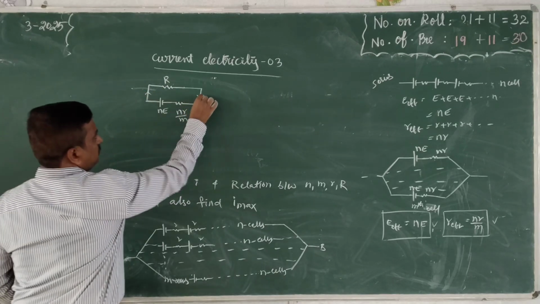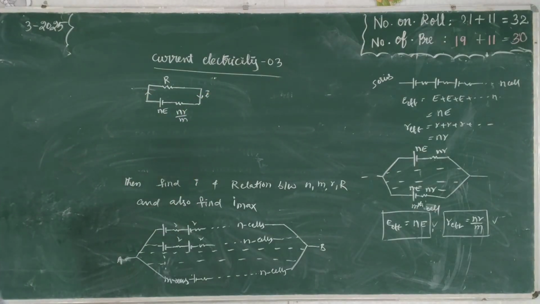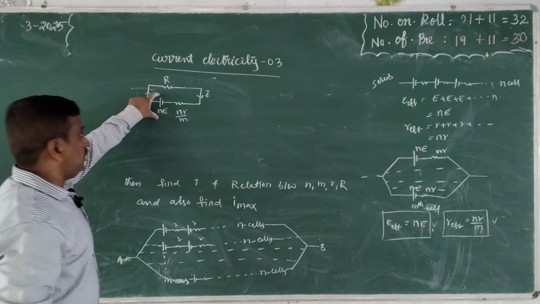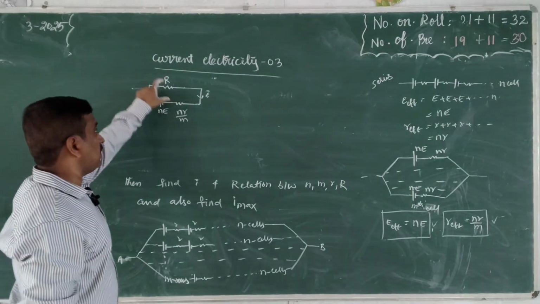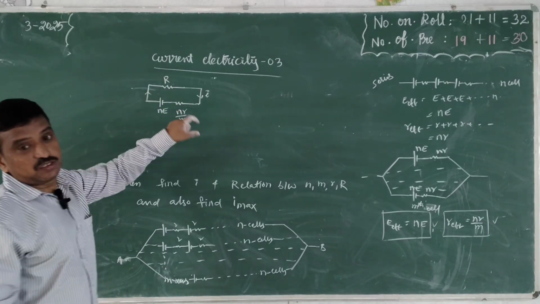The current is moving through this. What is the I value? The net EMF is nE, the net internal resistance is nr by m, and the external resistance R is connected to it, a series and parallel combination.